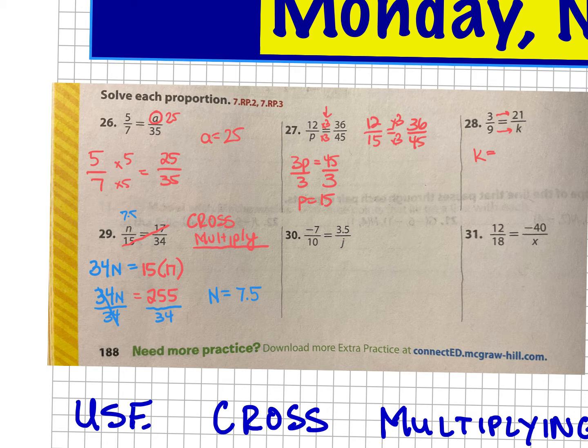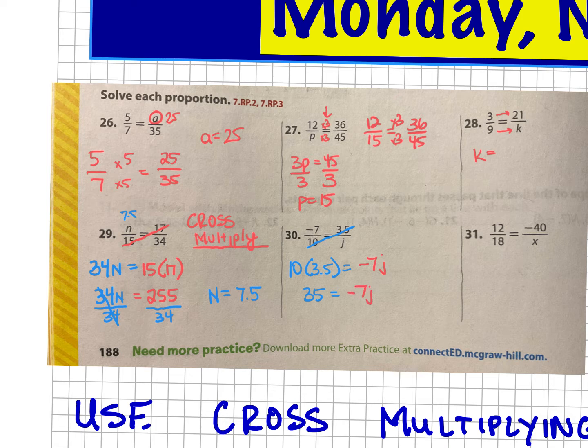So I'll do one more. 10 times 3.5 should equal -7 times j, or -7j. I know 10 times 3.5 is just 35, equals -7j.